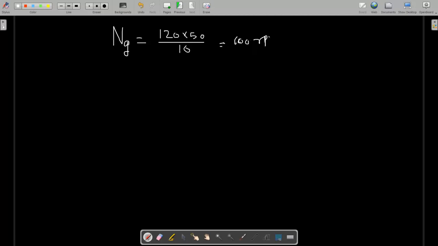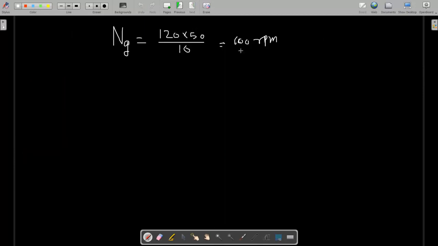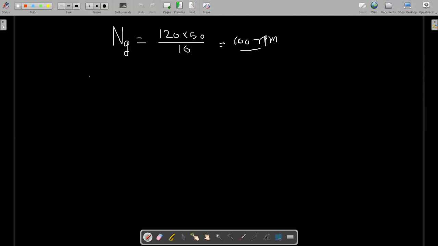So this specifies that the RPM 622 we can also use. And if this is not feasible in our regular practice, then we can also use 600 RPM. But when you use 600 RPM, the velocity of the runner should be not less than 40.75. So 40.75 is equal to pi D into 600 divided by 60.